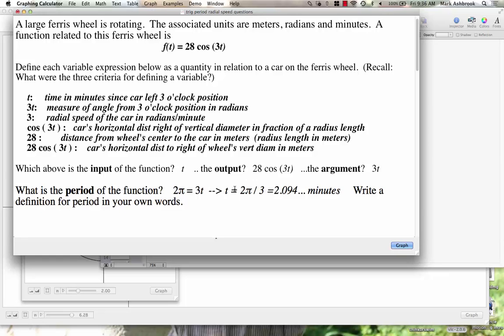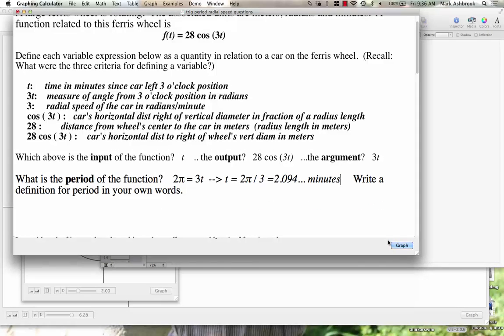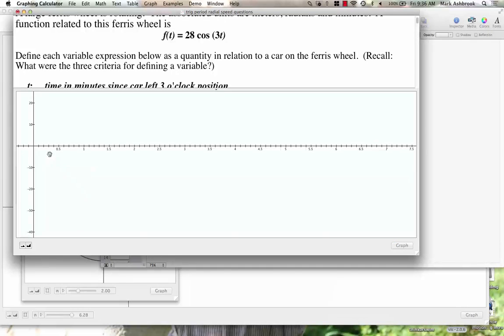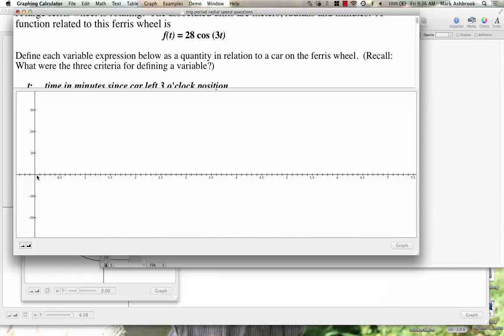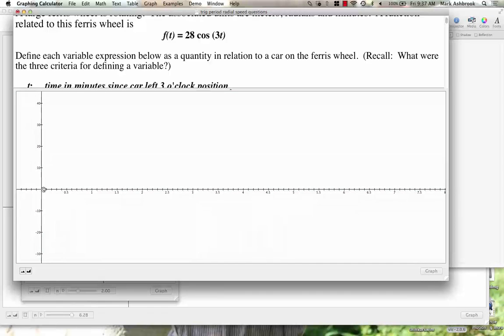Okay, so now how do we graph this? So what do we say? We'll first look at what was our period? 2.094. So that's right about here.